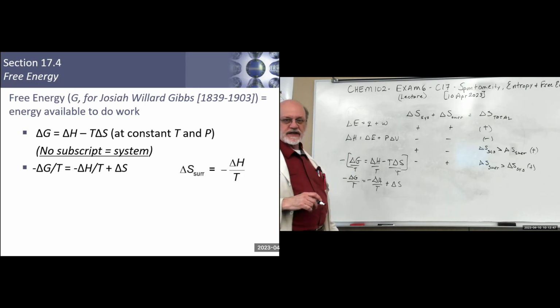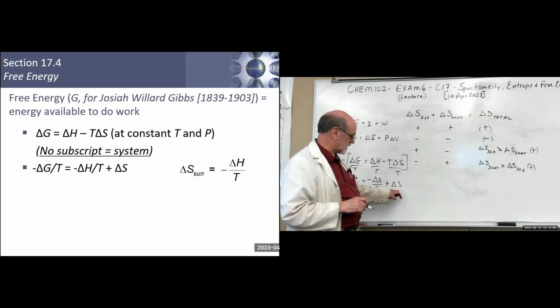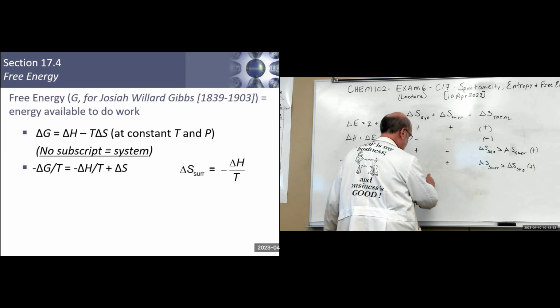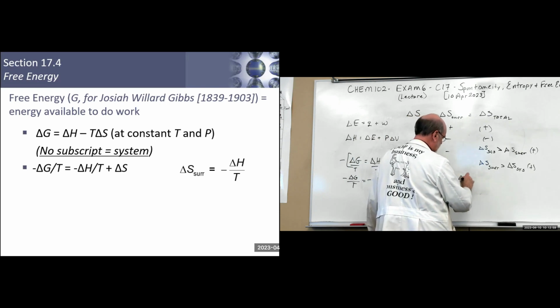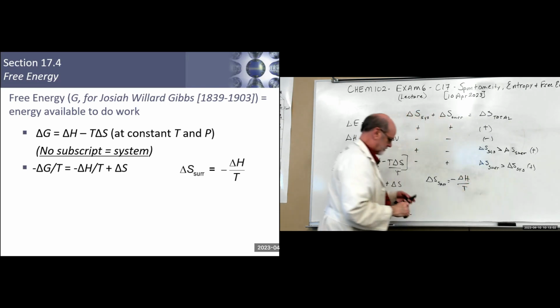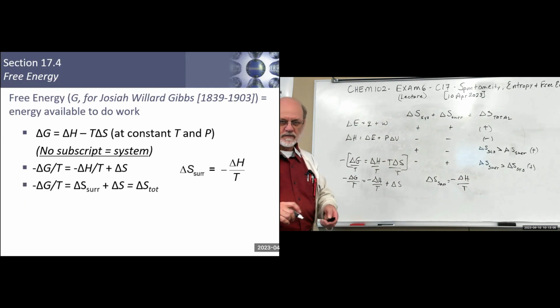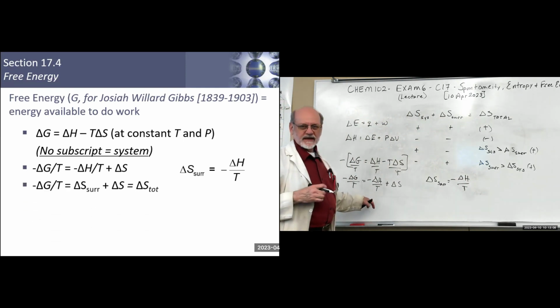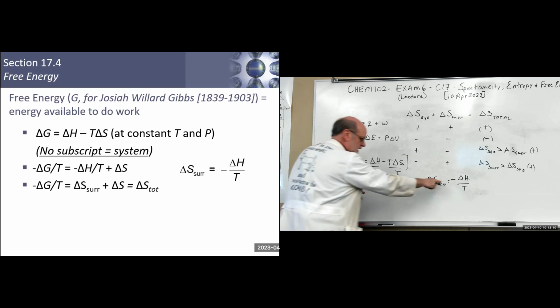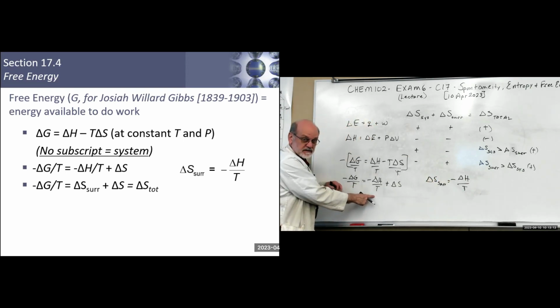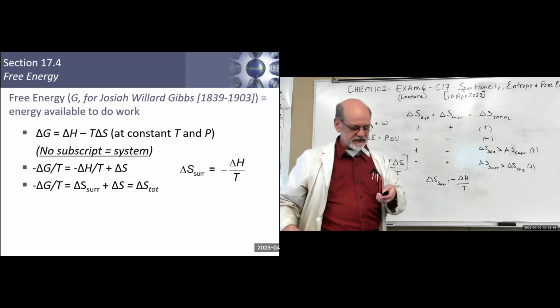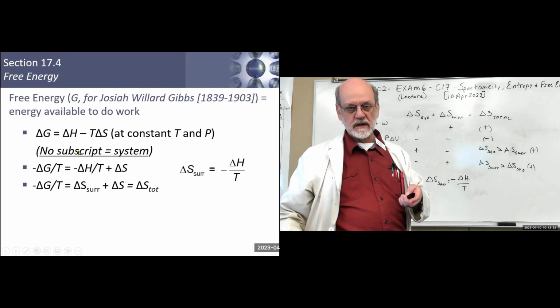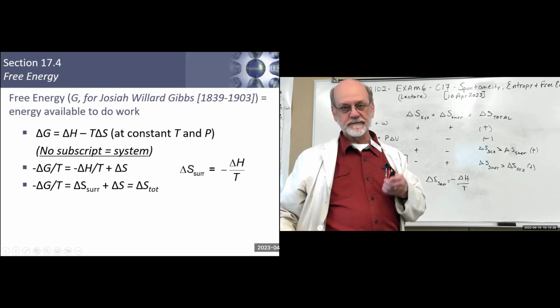Now, this is delta S for the system. If we know that delta S for the surroundings equals negative delta H over T, then we can substitute that into this position. And remember, anytime there is no subscript, assume that the delta S is referring to the system.